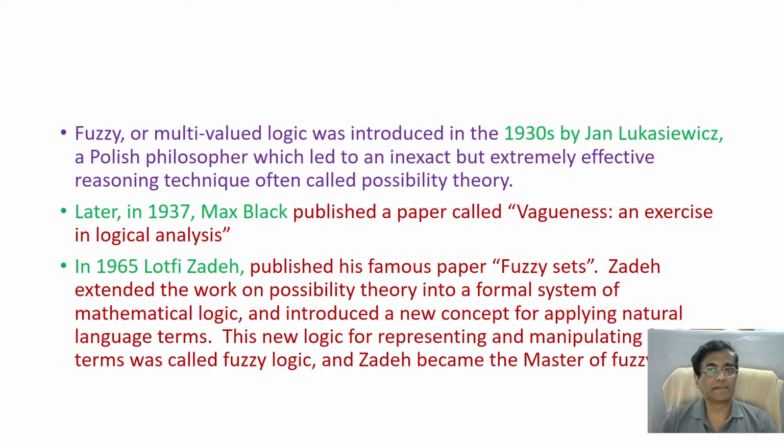Hardly is there any product which doesn't have a fuzzy chip, just like your washing machine, camera, television, all kinds of things where a fuzzy chip is there, and fuzzy logic is being translated into practical applications. That is because in 1965, Lotfi Zadeh, a great scientist and mathematician, published his famous paper, Fuzzy Sets. He extended the work on possibility theory into a formal system of mathematical logic.